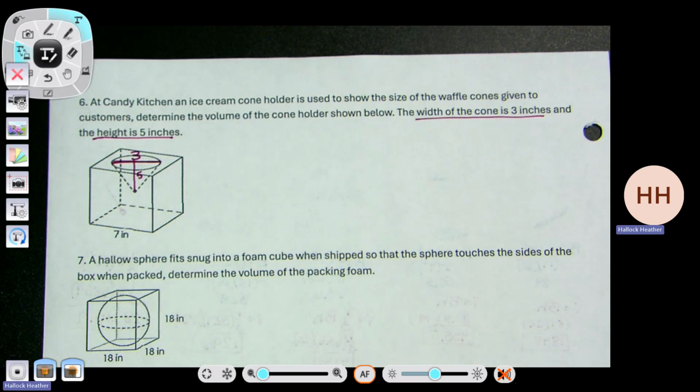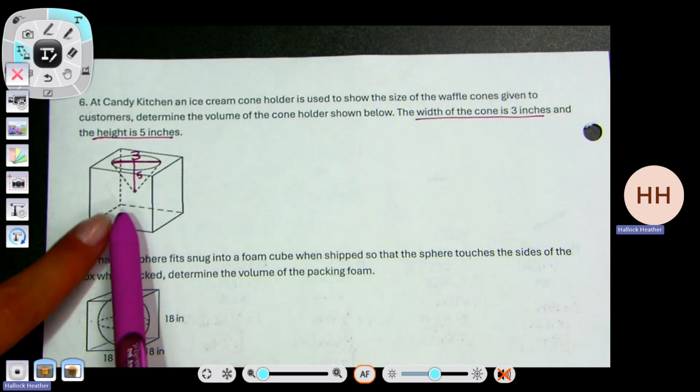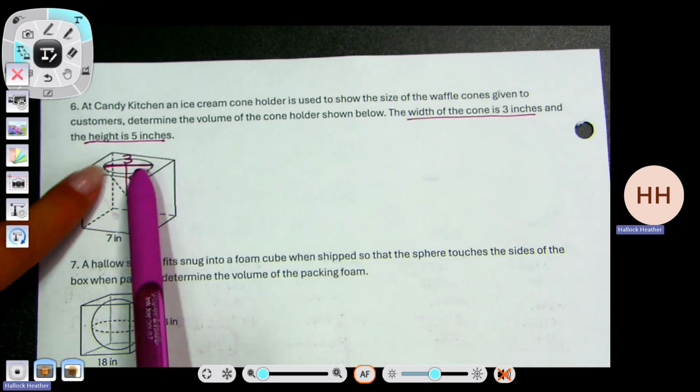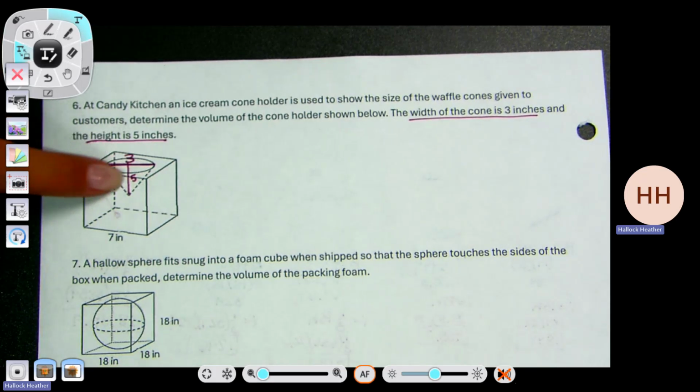Well, hold on, pause. What's your thinking process? What would I have to do? Not math wise, I don't want a formula right now. What do you think I'm going to have to do with these shapes? Okay, solve them individually, and then what? Okay, so if I find the volume of the prism, because it's a rectangular prism, and then I find the volume of the cone, is that cone filled with anything technically?